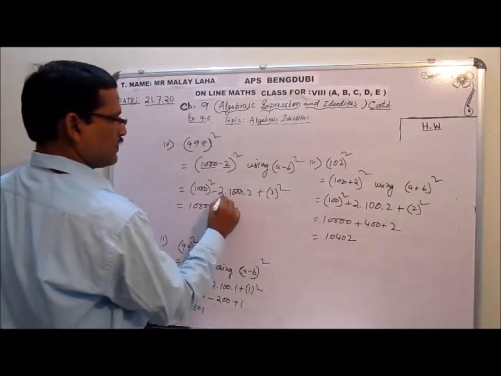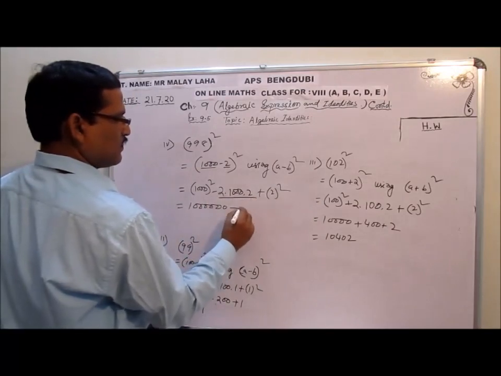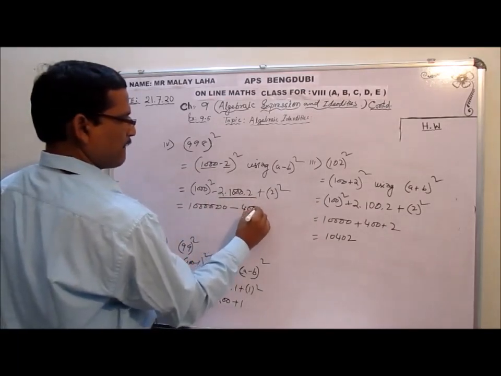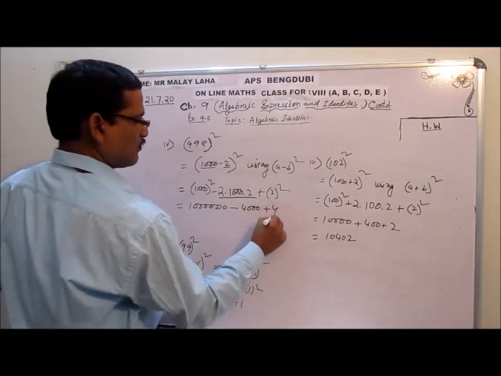So 1000 square is 10 lakh, minus, what is the result of this? 4000, plus 4.